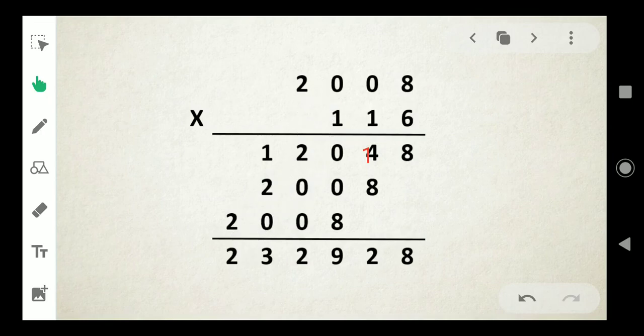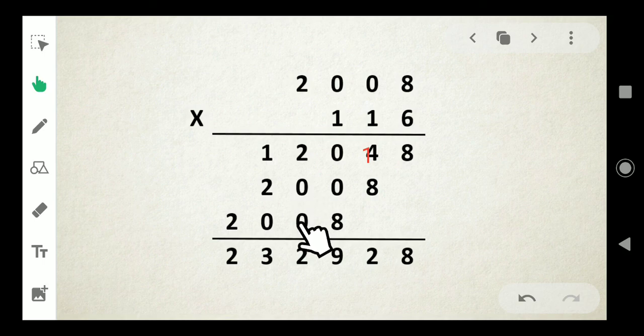Now can you add it? Here, nothing to be added, just 8 itself. 4 plus 8 is 12. 2 here, remainder 1. Let the remainder go here. That 1 plus 0, 1. 1 plus 8, 9. 2 plus 0, 2.